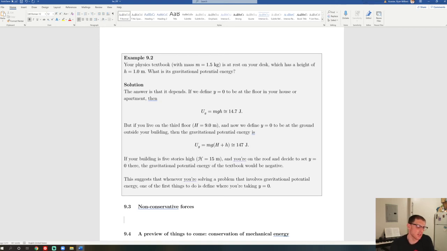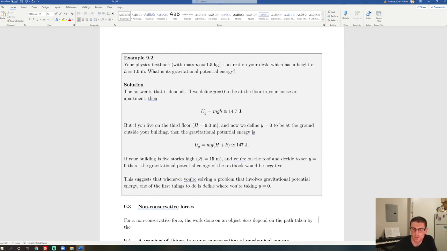And there isn't really any equation to write down for non-conservative forces that we haven't already written down, but I just want you to start thinking about which of the forces that we're working with are conservative and which are non-conservative. So I'm going to say for a non-conservative force, the work done on an object does depend on the path taken by the object as the force is being applied to it.